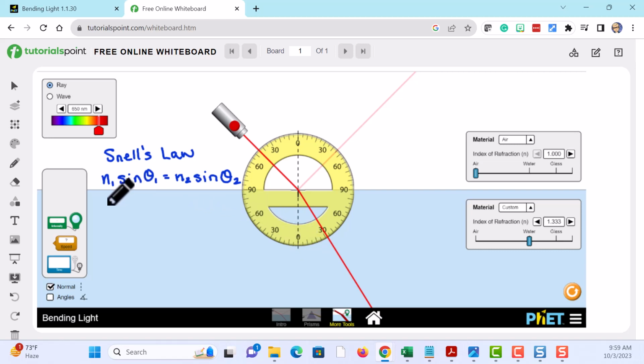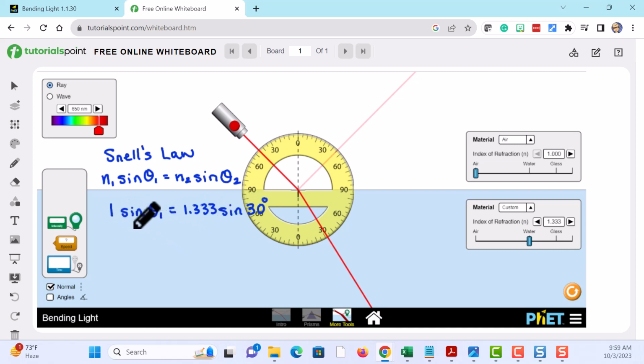In order to answer that question, we'll use the same values for n. So n1 will be 1, times the sine of theta 1, since we're asking what the angle of incidence will be, so we'll leave that as theta 1. And then equals n2, 1.333, times the sine of 30 degrees.